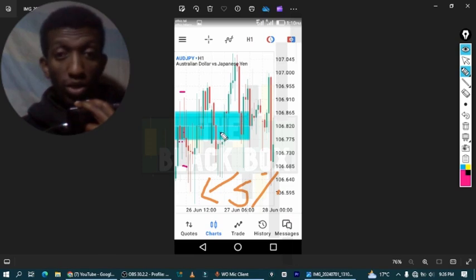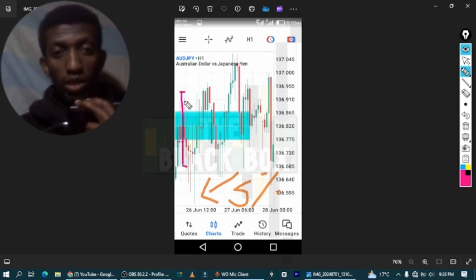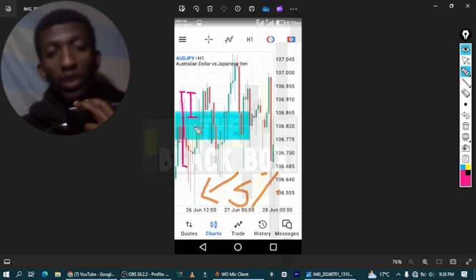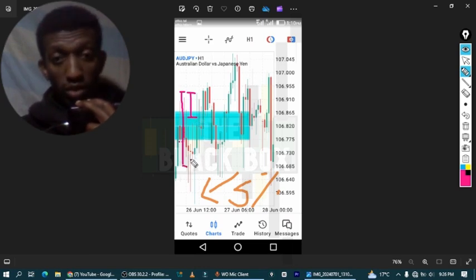Since I zoomed in, it seems like a huge stop loss, but when you zoom out, it will actually be like this one. Since I zoomed in a lot, it covers the screen from top to bottom.